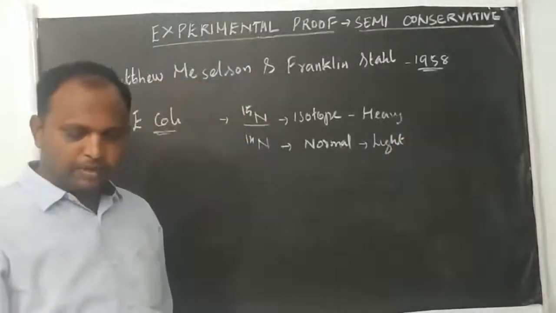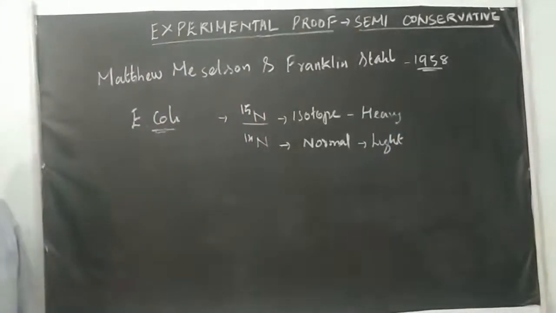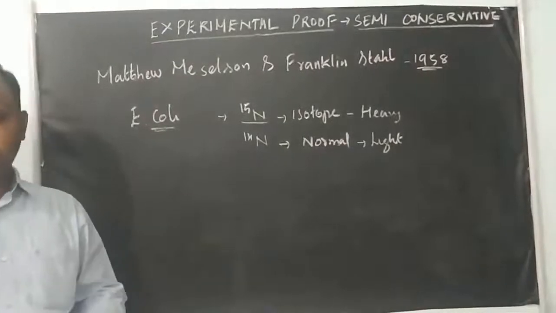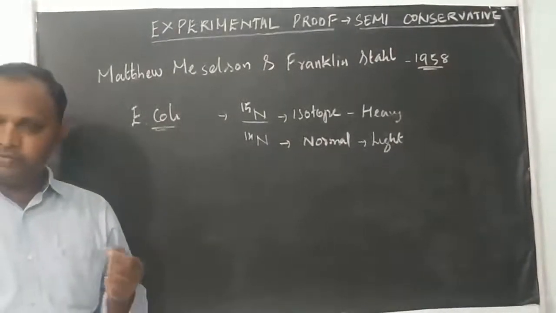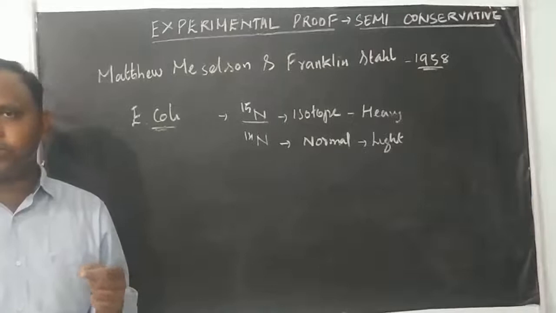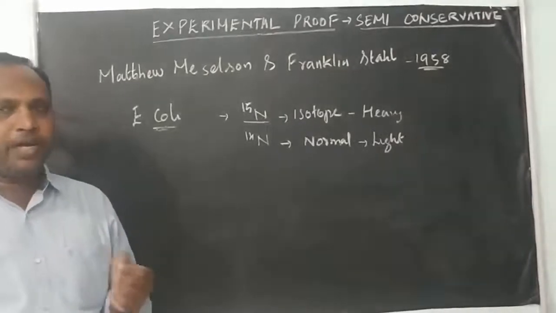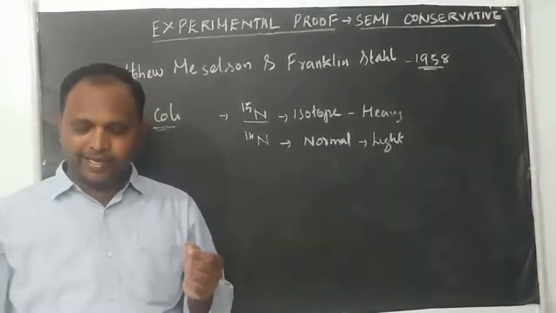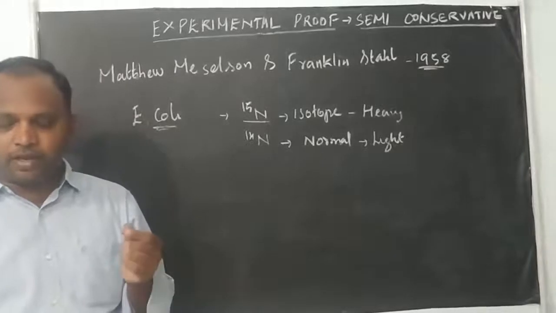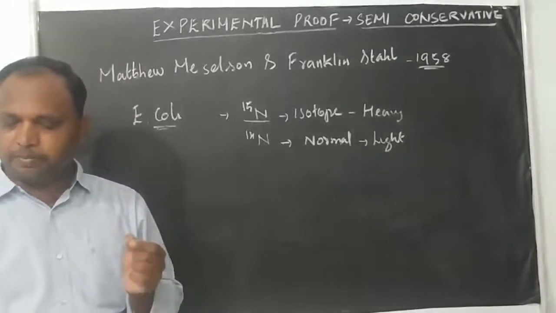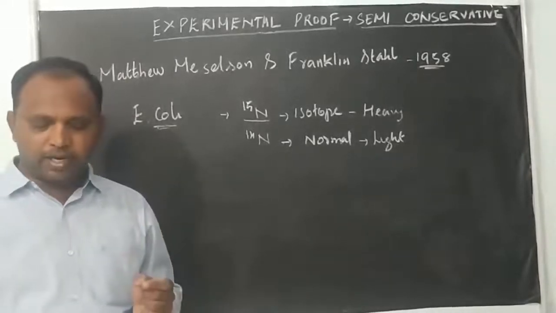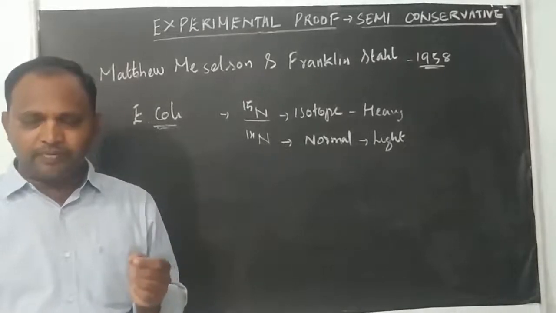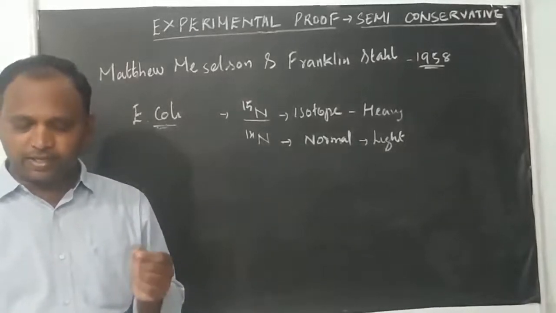For growing E. coli, they used media which contained different sources of nitrogen. One medium contained N15, the heavy isotopic nitrogen. Another medium contained the normal lightweight nitrogen N14 as the nitrogen source.